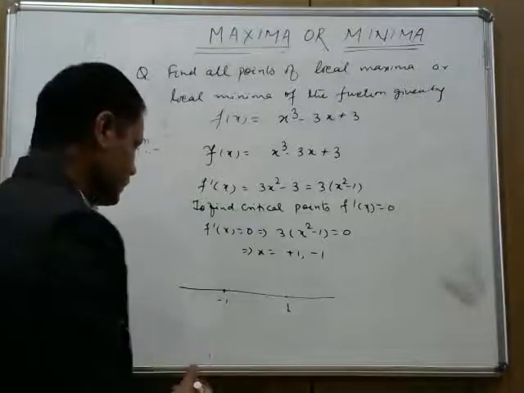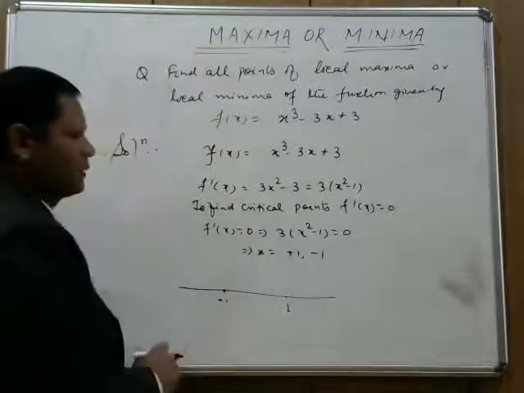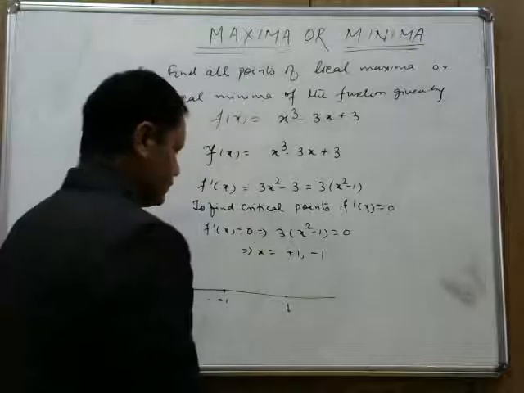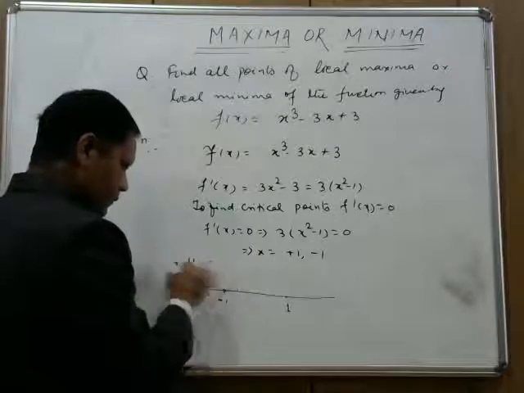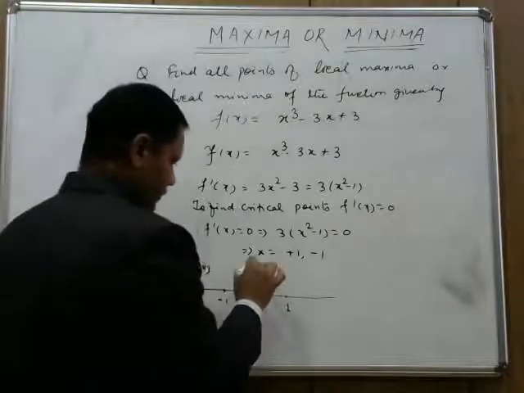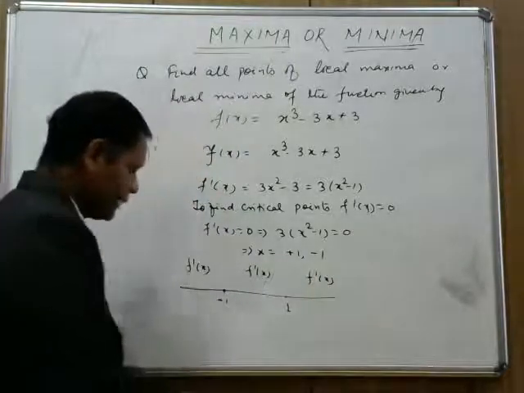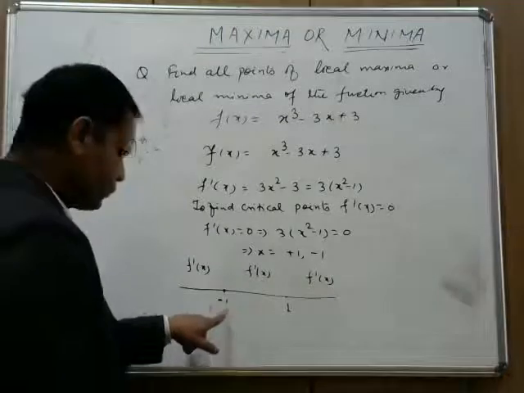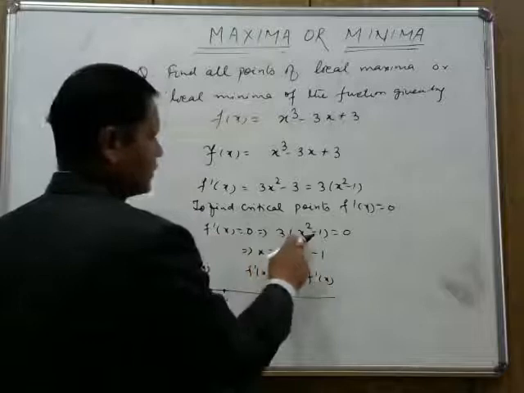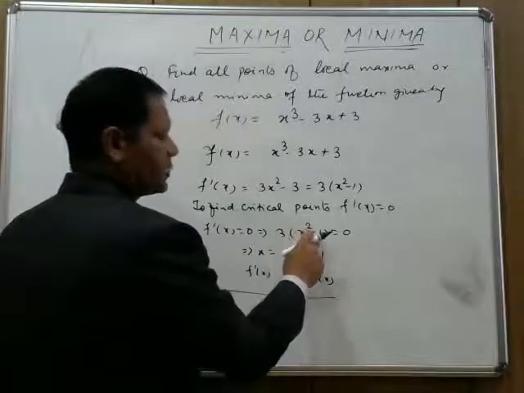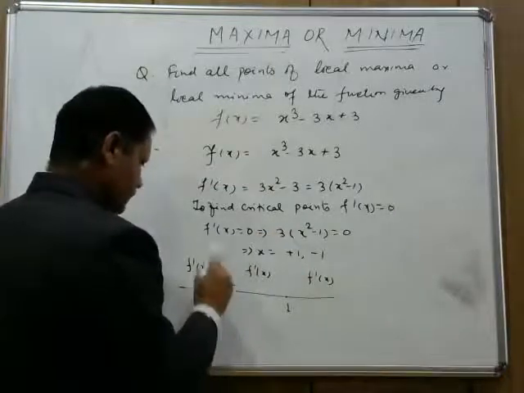Let us see now. Here we have -1. If I take any number before -1, suppose I am taking -2, because I have to check the sign of f dash of x. If I put -2 in this function, f dash of x at -2 is 4 minus 1, 3 times 3 is 9, that means it becomes positive.